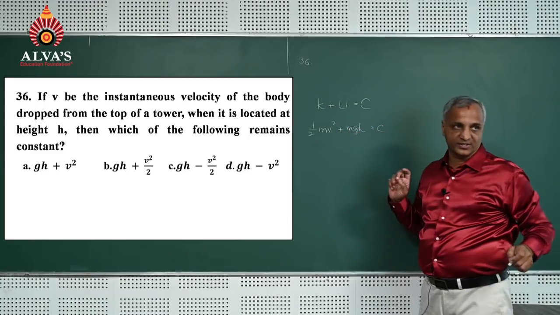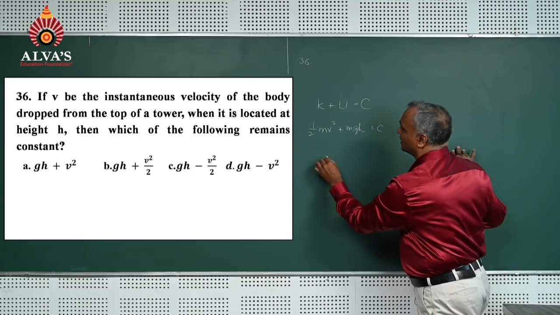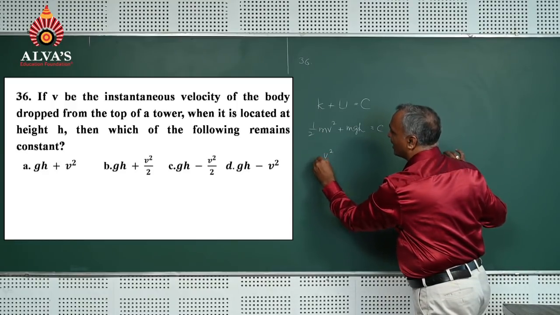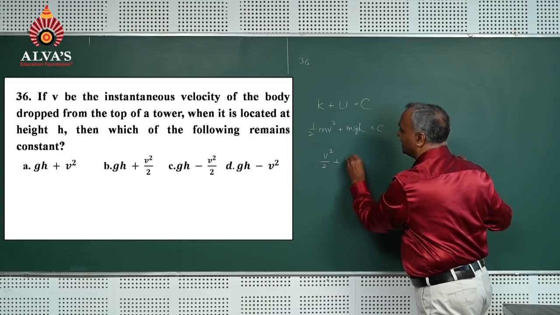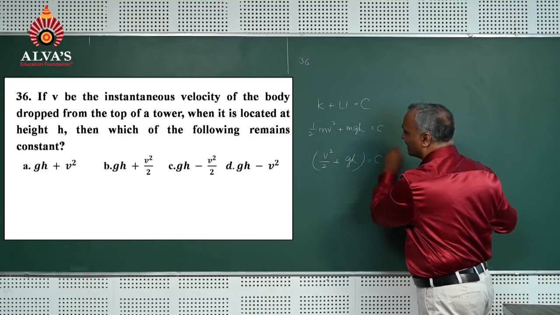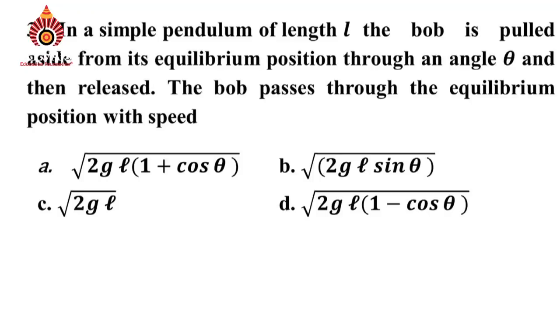This should remain a constant. So I can take out m, and v square by 2 plus g into h should remain a constant. So I'll go for option B. V square by 2 plus gh should remain a constant. Option B.